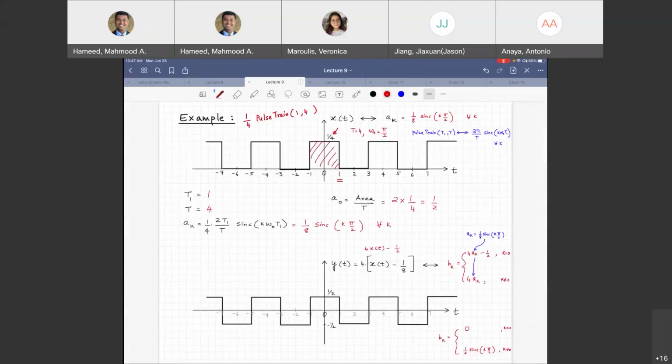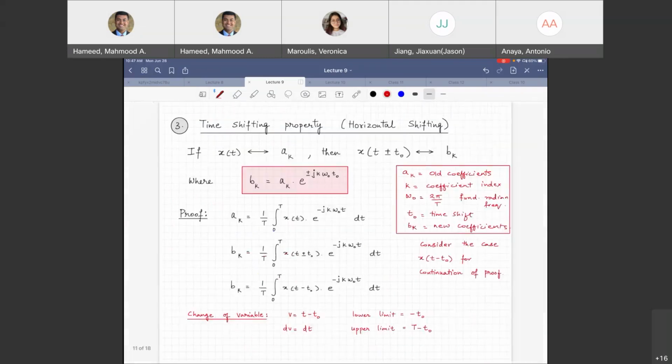We can put this next. Time shifting property. If we can do vertical shifts, then we can also do horizontal shifts. So this property is about shifting a signal that is periodic in the time domain, delaying it or advancing it, moving it left or moving it right. What does it do to the Fourier series coefficients?